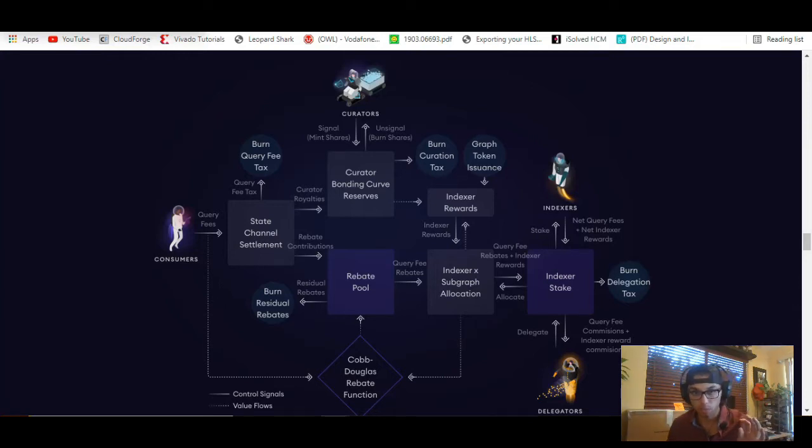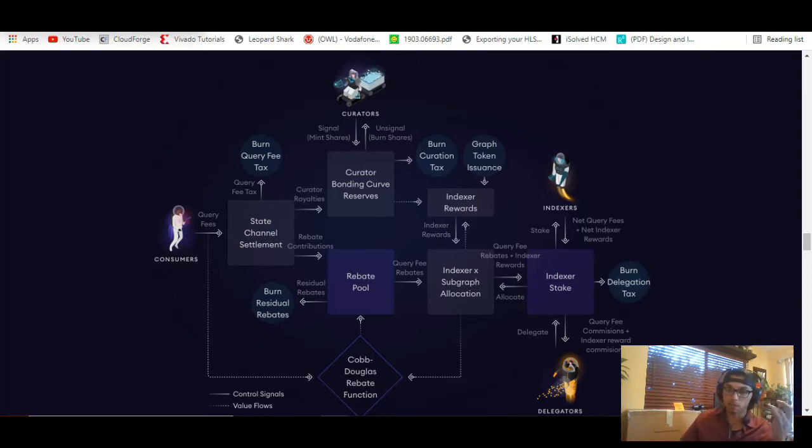So some of these query fees will get delegated as rebates, basically. And as things get serviced, then indexers get paid. So it will burn residual rebates. And there is a rebate function that we'll look at that supports this. The delegator, like I said, stakes on the indexer.